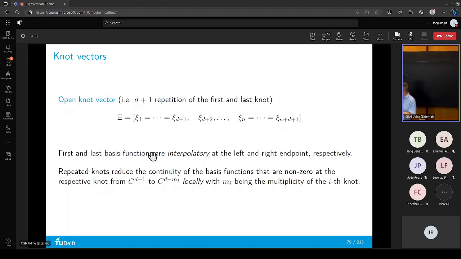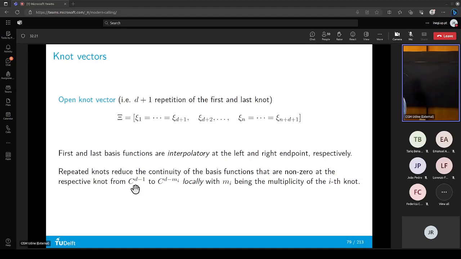And what we can do at the two endpoints, we can also do inside. So as I said, normally we have a d minus 1 continuity, for third order C2 continuity. If we repeat some of these internal knots m_i times, then we locally reduce the continuity to d minus m_i.